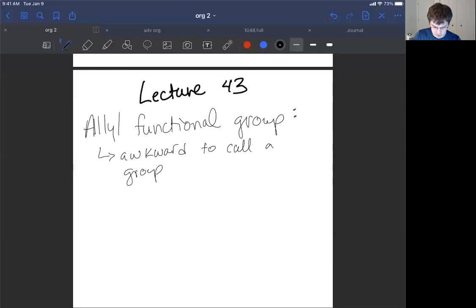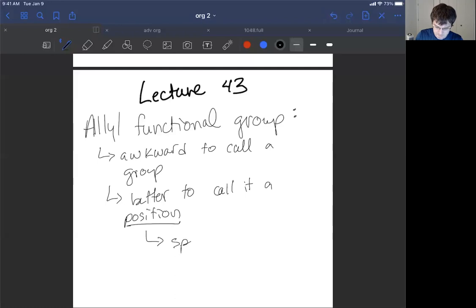It's a little bit better to call it a position. A position. Okay, so it's just sort of a special carbon atom in that the carbon atom is next to an alkene.